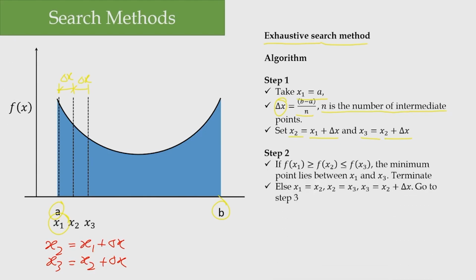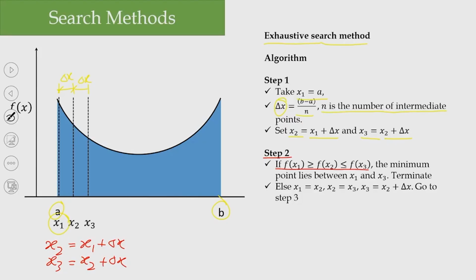Then in step 2, we check these conditions: whether f of x 1 is greater than or equal to f of x 2, and f of x 3 is greater than or equal to f of x 2.